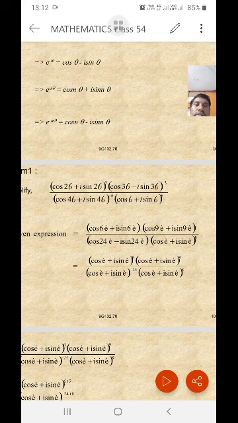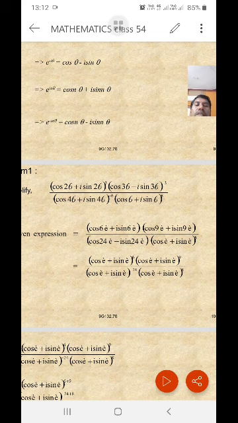Next, that equals, again here we are converting it as a whole power n, that is (cos θ + i sin θ)^6. Similarly the second factor in the numerator, (cos θ + i sin θ)^9.